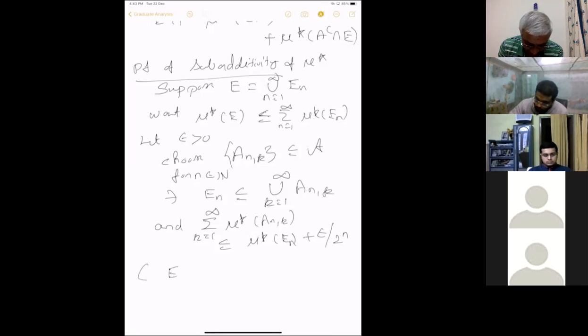If you have any E, then this mu star E is just the infimum of mu of An, sorry, here also it's mu, of An with the union of An containing this E.